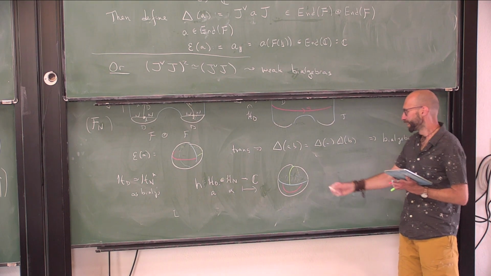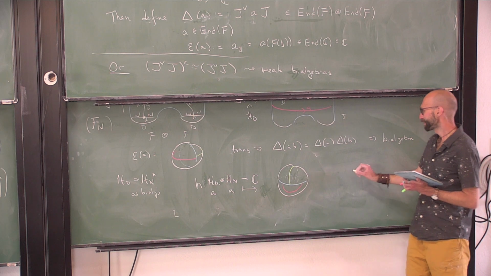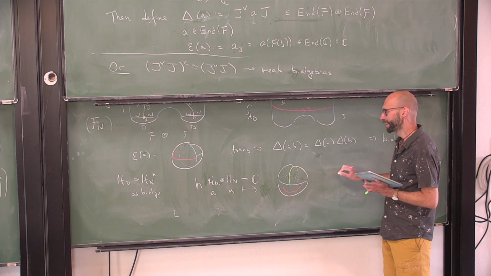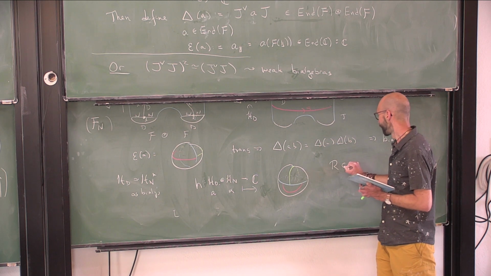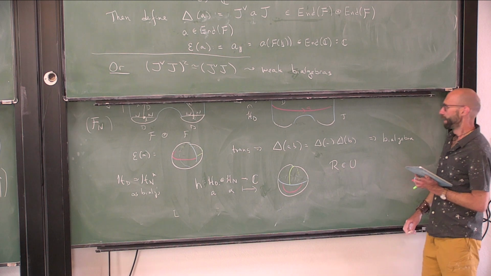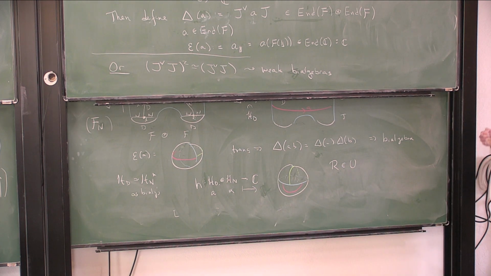Then the last bit is figuring out that there's an R matrix on the double that actually does the right thing with respect to braiding.